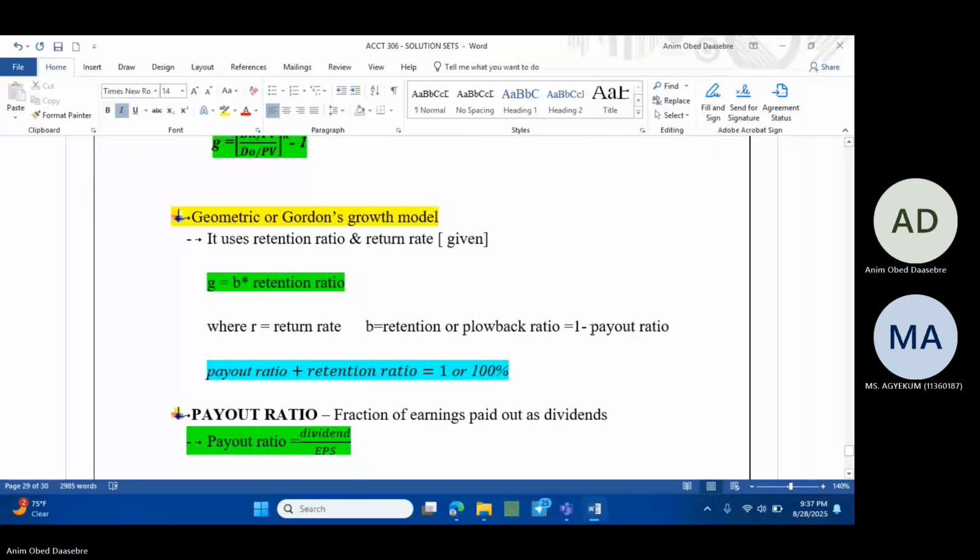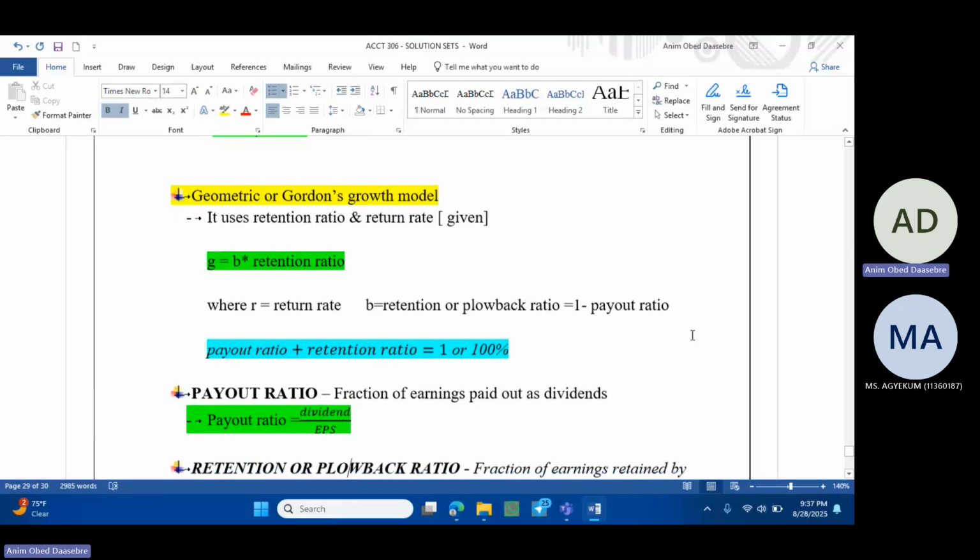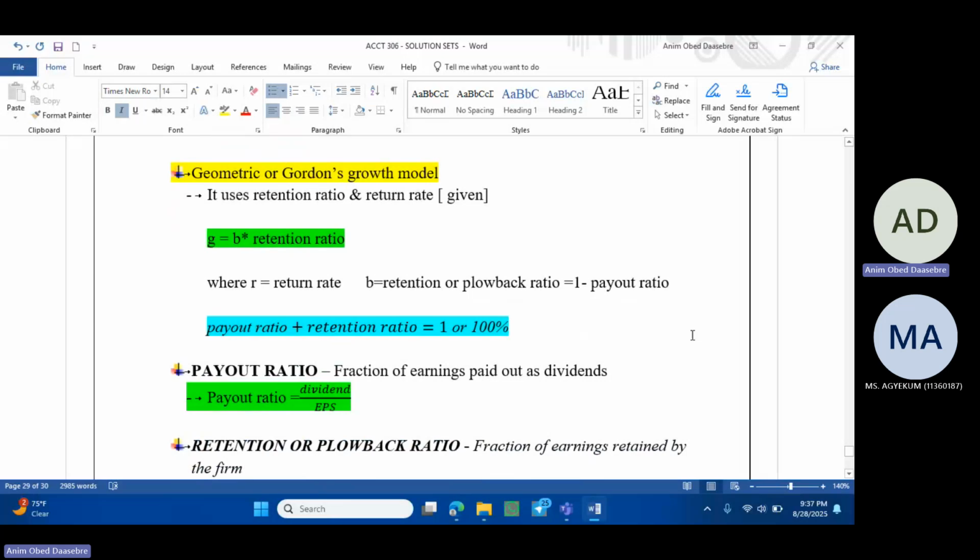So if 1 minus payout ratio is your retention ratio, how then do we find payout ratio? If you are not given the payout ratio, how do you find it? Payout ratio is the fraction of earnings paid out as dividends to shareholders.